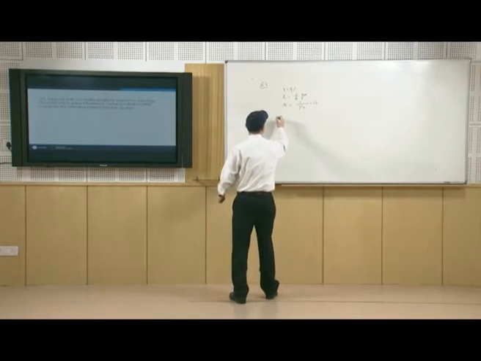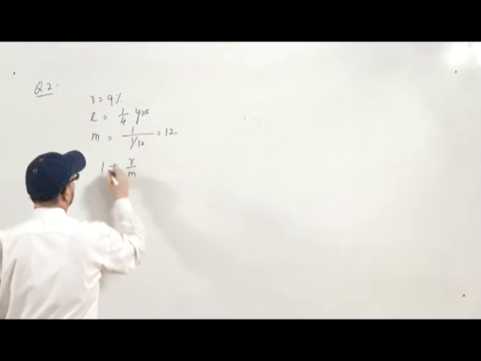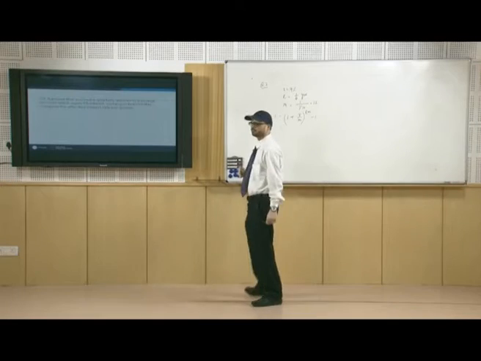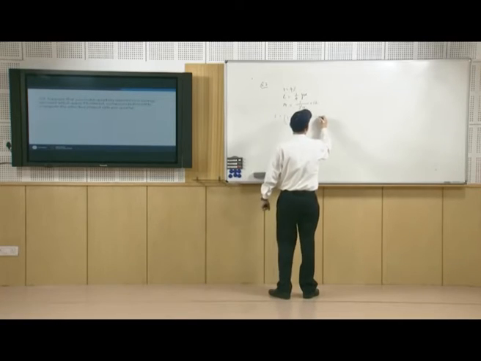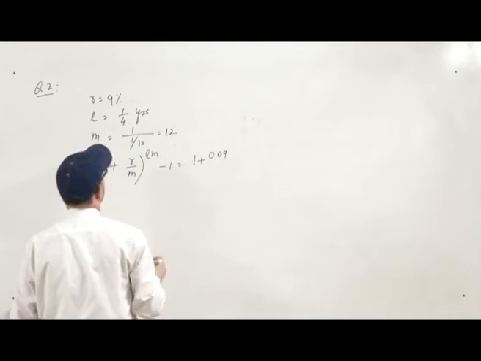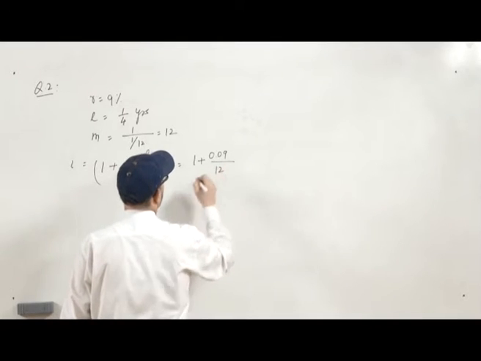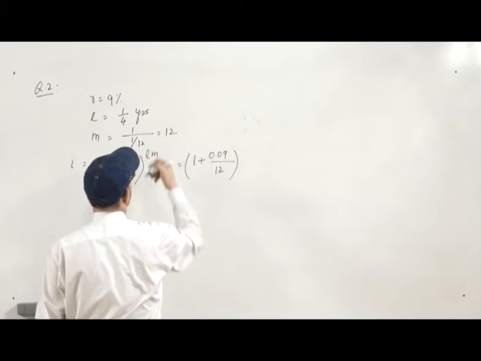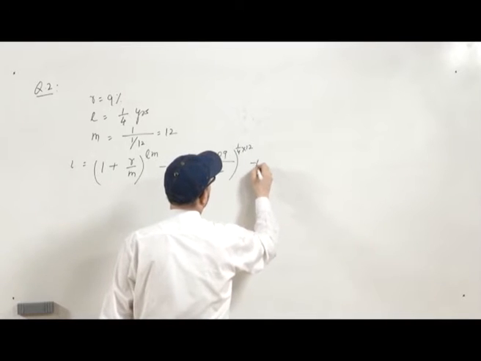So, the effective interest rate will be (1 plus R by M) raised to the power L into M, minus 1, and that will be nothing but (1 plus 0.09 divided by 12) raised to the power L into M, that is 1 by 4 into 12, that is 3, minus 1.